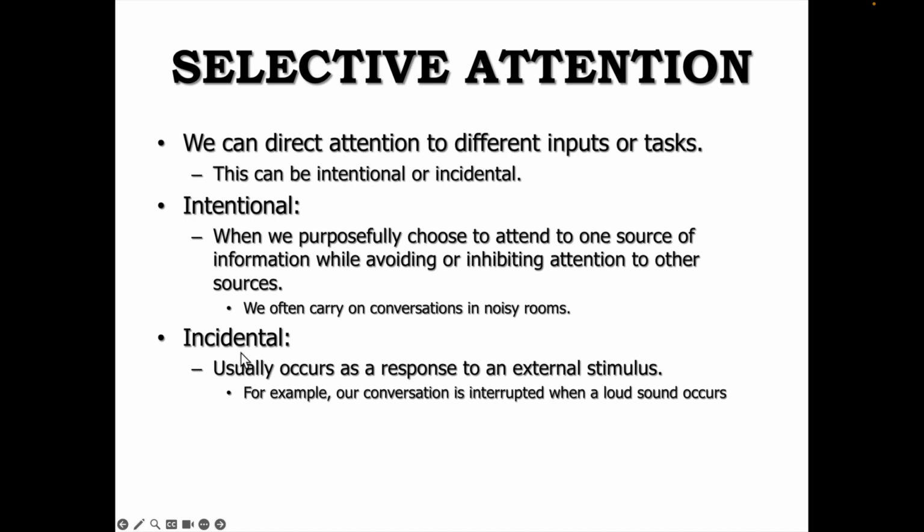An example of incidental selective attention would be that if we hear a loud sound as we're talking to someone, we might turn to look at where the loud sound came from. By turning to look, it's because an incidental opportunity caused us to shift our attention from the person we're talking to, to that loud noise.